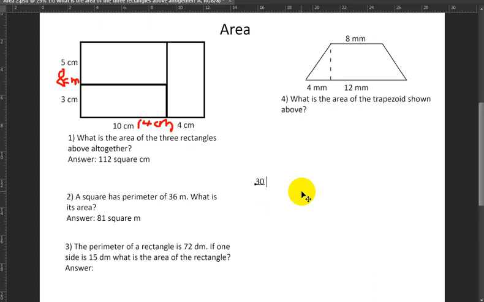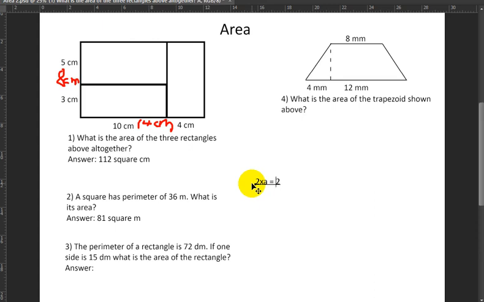So if I take 30 and I add two of the other sides, let's call the other side A, that will give me 72, right? Well, how much does this have to be? Basically, what do I have to add to 30 to make 72? The answer to that would be 42.